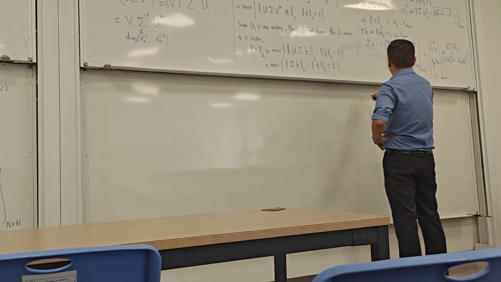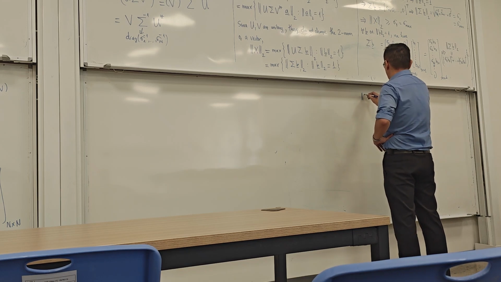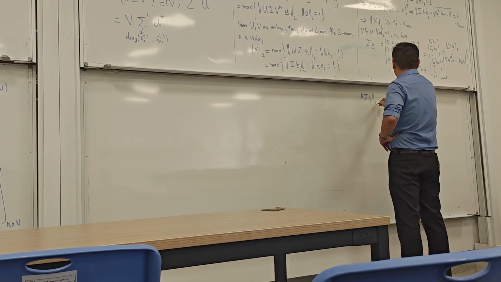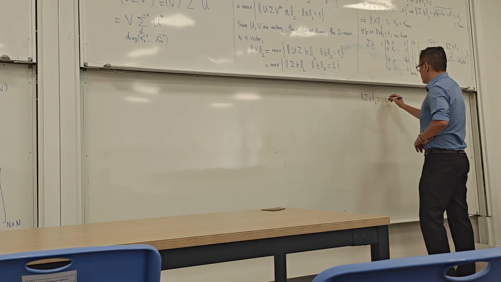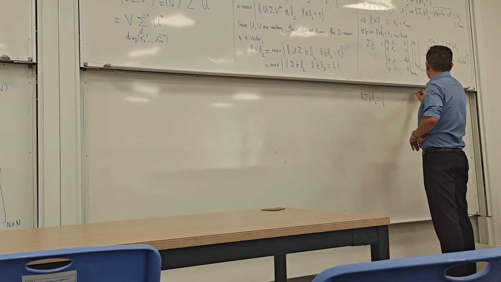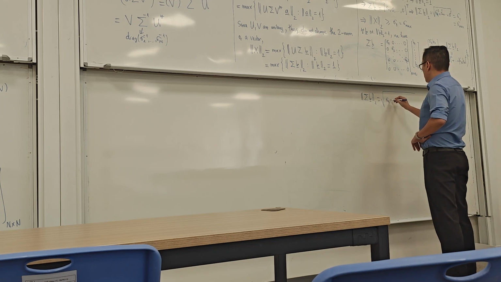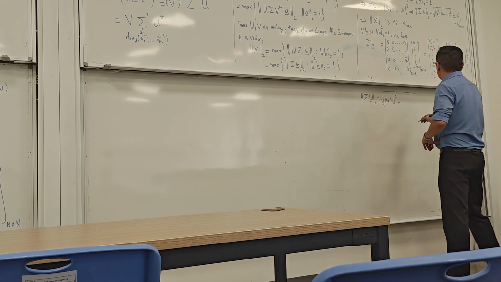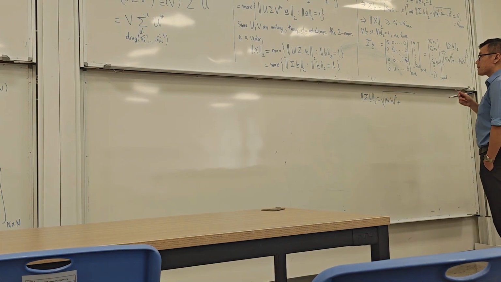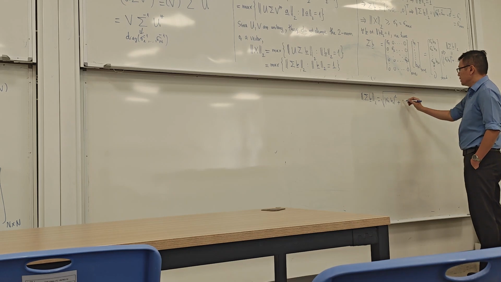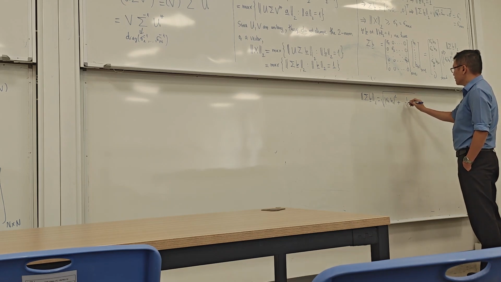Okay, now we keep going with that one. The L2 norm of this equals the square root of sigma 1 b1 modulus squared plus so on plus sigma n bn modulus squared.